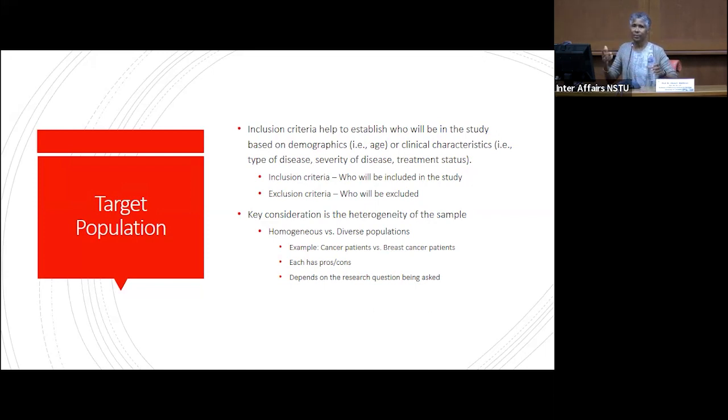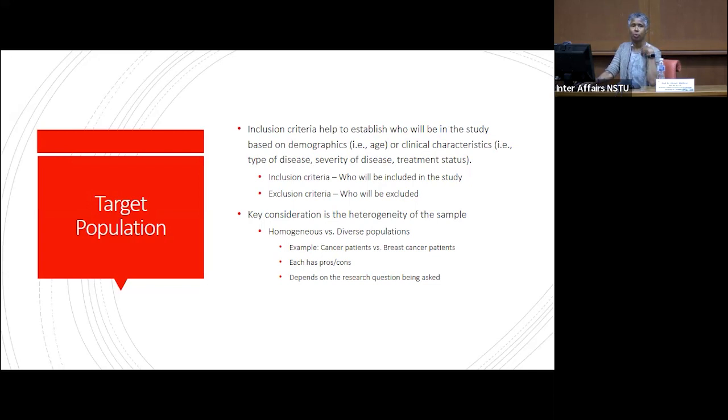There are some key considerations that you should think about when you're thinking about your inclusion and exclusion criteria. The first is whether or not you want a very homogeneous population, or a more diverse population. Let me give you an example.